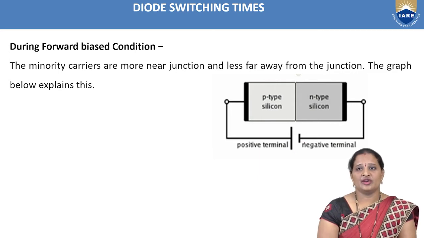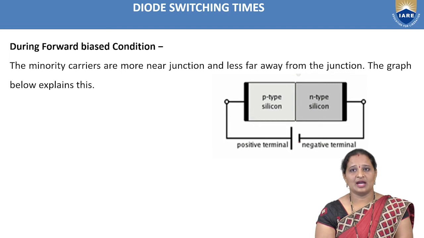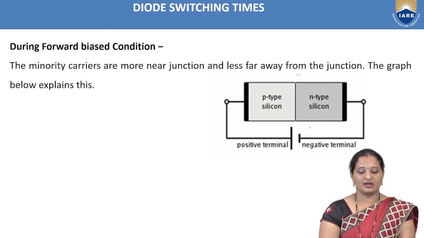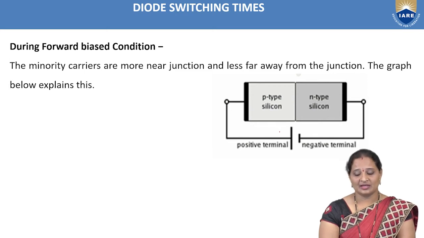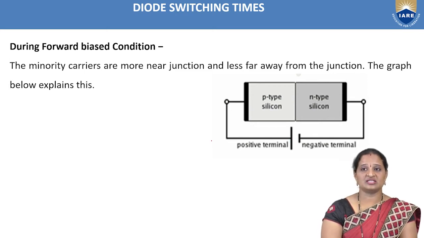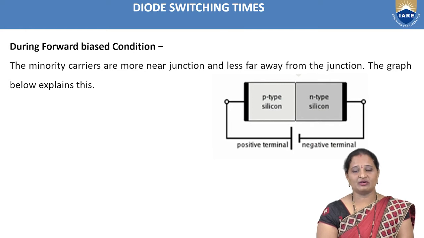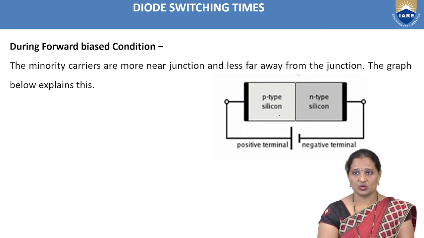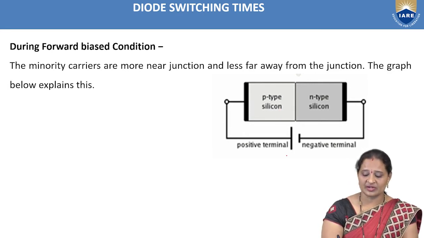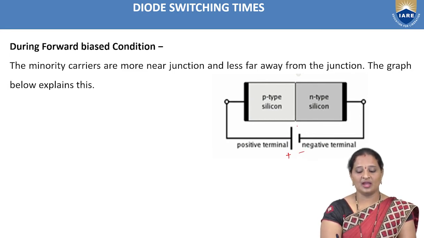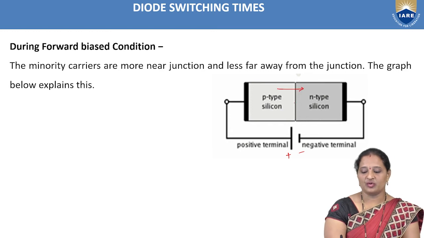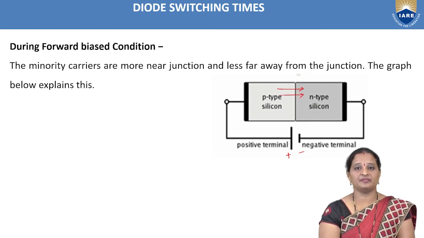Under forward bias condition, the positive terminal is connected to the P-type material and the negative terminal is connected to the N-type material. The majority charge carriers of P-type material, the holes, are positively charged, and they will be repelled by the positive terminal of the battery and will try to move towards the junction.